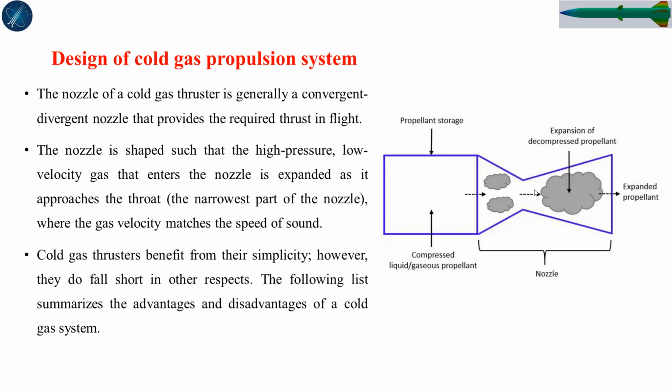Okay, and then it tries to accelerate through this narrow section that is called the throat, and when it comes out, the expansion of decomposed propellant will take place. So this area is for decomposing the propellant, and this decomposed propellant accelerates through the nozzle, and which expands. Okay, so that is the way how the cold gas propulsion system works.